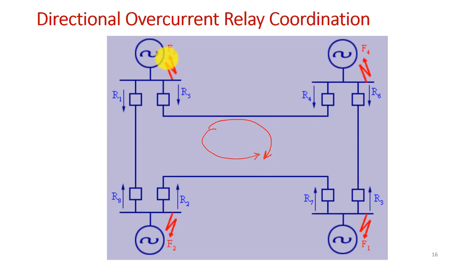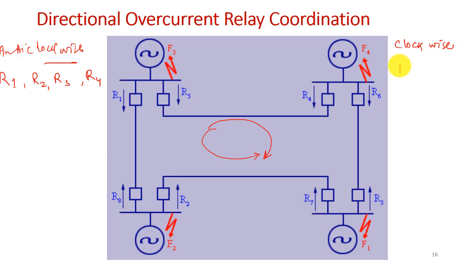So in anti-clockwise we found the settings for R1, R2, R3 and R4, right? And in clockwise direction we can find the settings for R5, R6, R7 and R8, right?